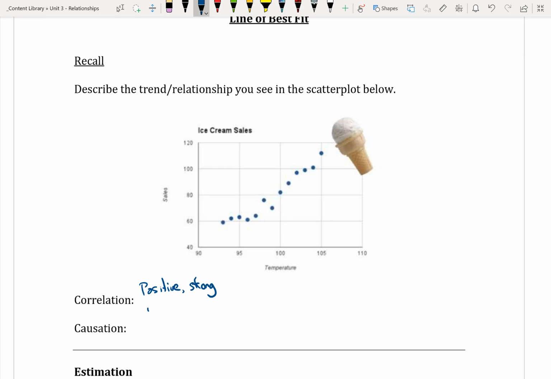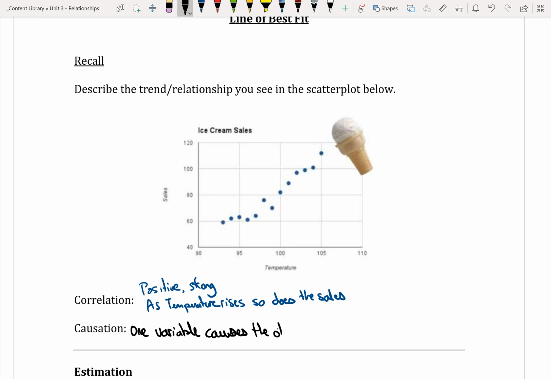And I would say that as temperature rises, so does the sales. Now, what I want to be careful of saying, and that's where the term causation comes into play, because causation means that one variable causes the other.